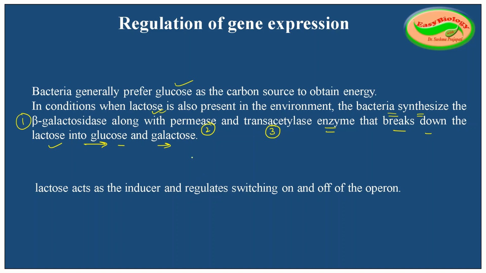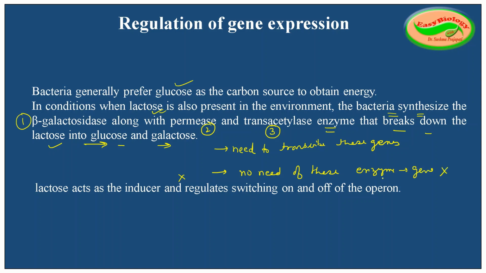So when lactose is present in the medium, there is a need to transcribe these genes. And if lactose is not present, then there is no need for these enzymes, so the genes will not express.